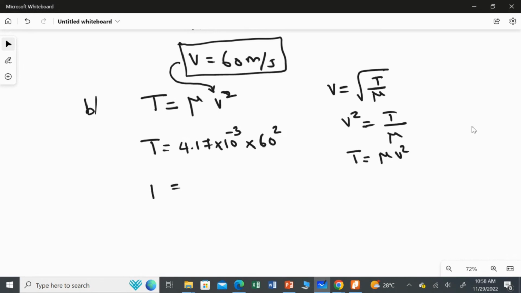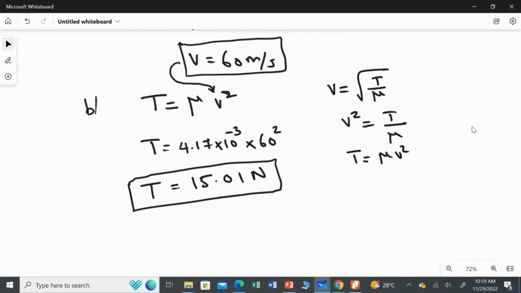Let's see the answer for the tension. 4.17 times 10 power minus 3 multiplied by 60 squared gives 15.01, and its unit is Newton. So this is the answer for the second part.